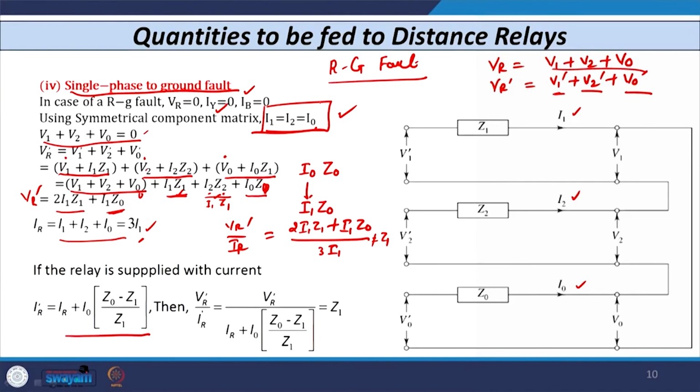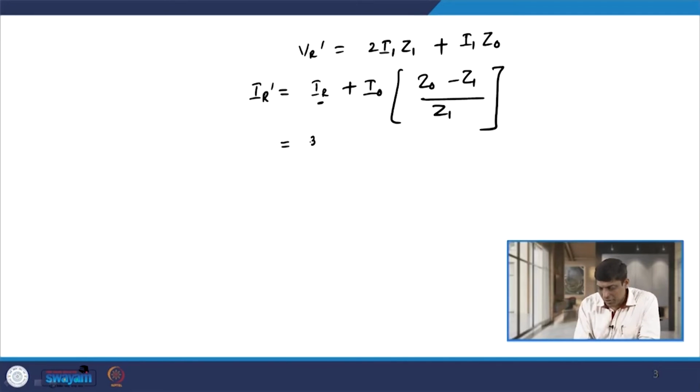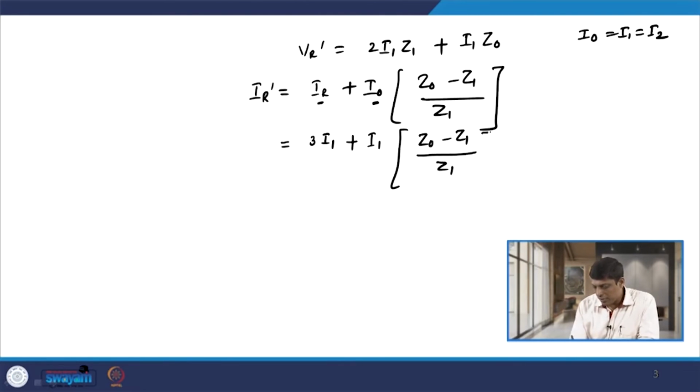We can say that IR is equal to 3 I1. So, we can definitely write down this value, that is 3 I1 plus what is I0? I0 is equal to I1 because I0 is equal to I1 is equal to I2. So, we can write this as I1 and we have Z0 minus Z1 upon Z1.